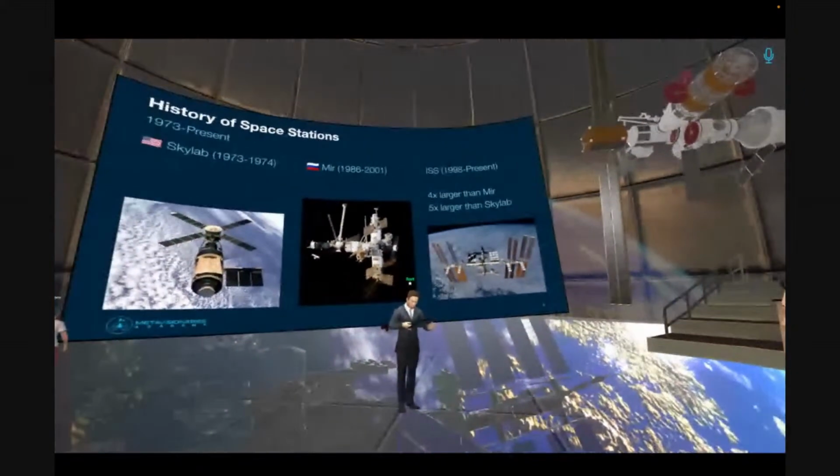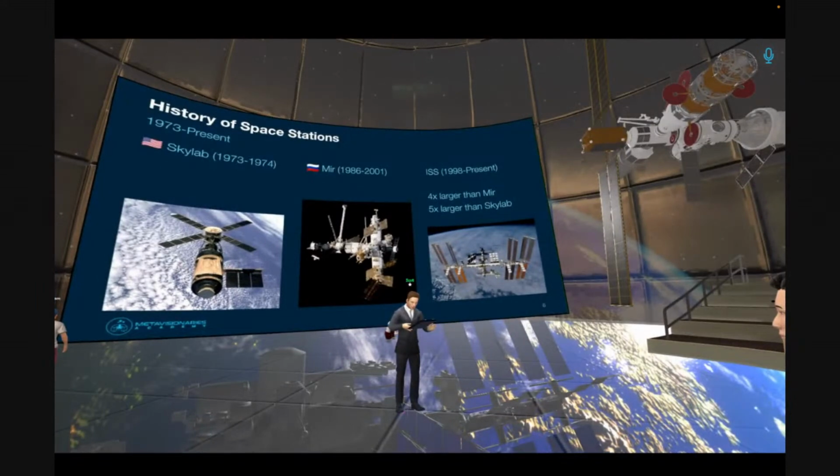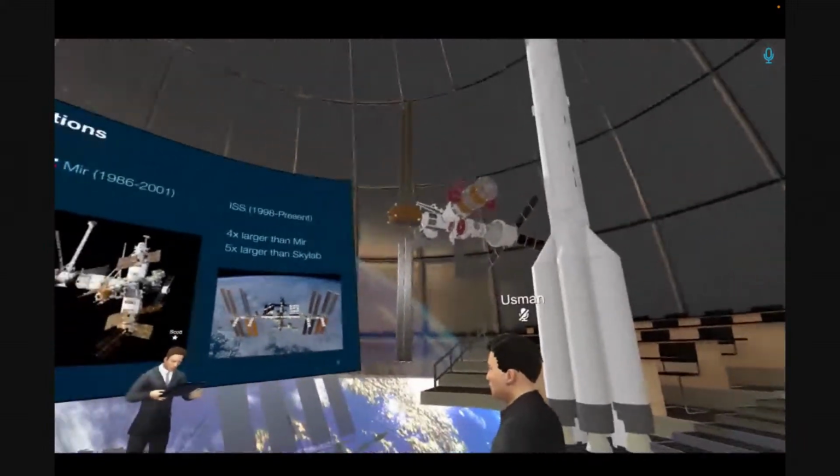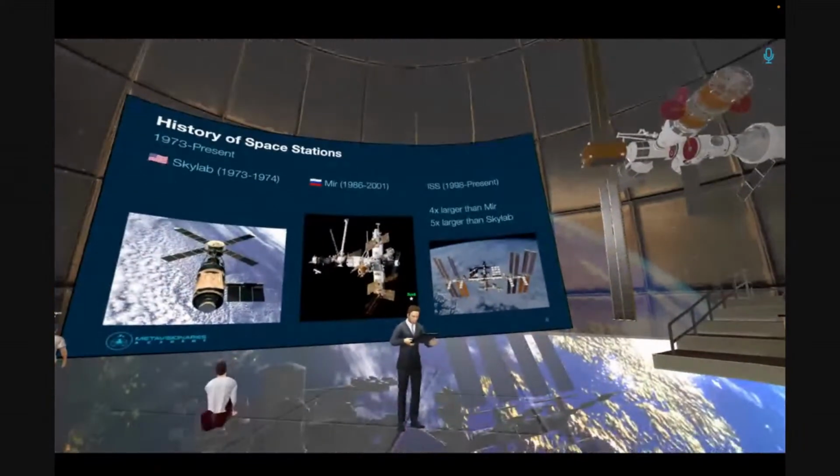And you can see it's got several modules. It's a complex facility with numerous solar panels, and it was the largest and most capable space station of its time.